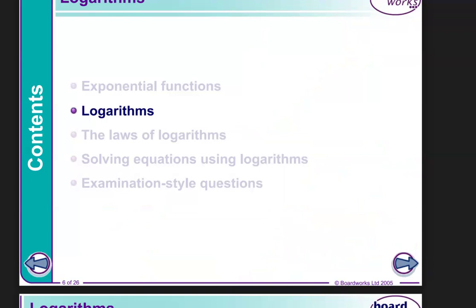We're going to do exam style questions too, so that at least we can make sense of what exactly we're talking about here. So let's look at some questions.